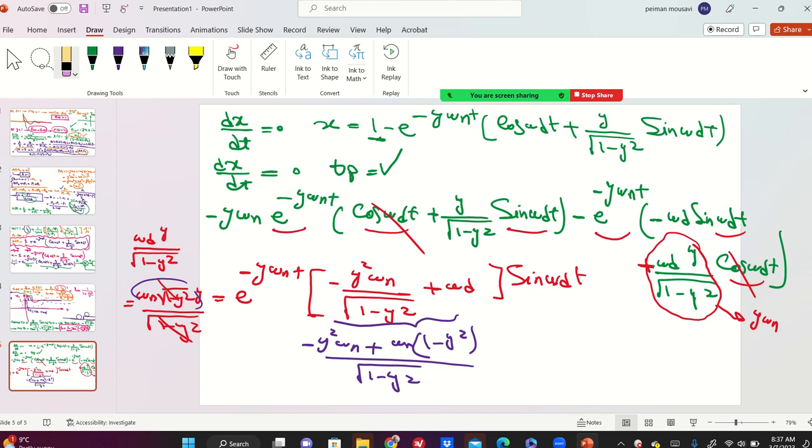No, omega d, damped natural frequency. See what I'm saying? No, omega d t means omega d t. Okay. See? So this is 0 because the derivative is 0.